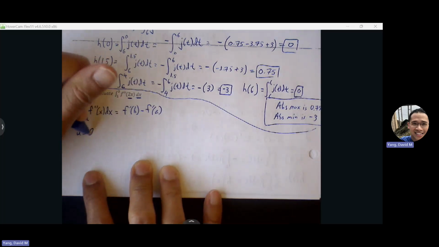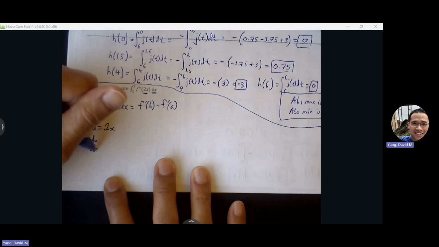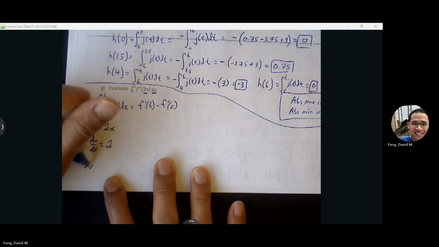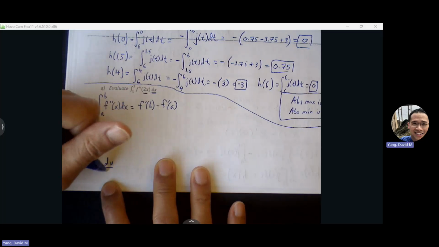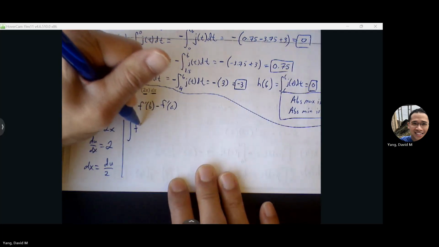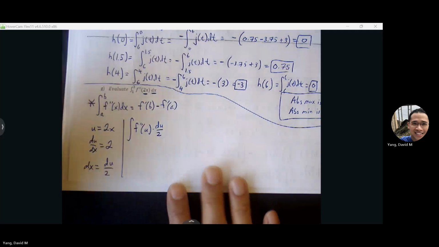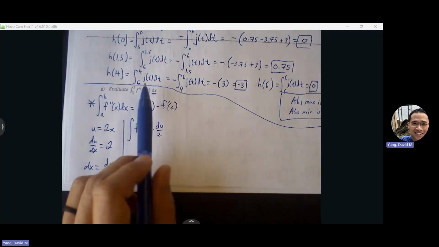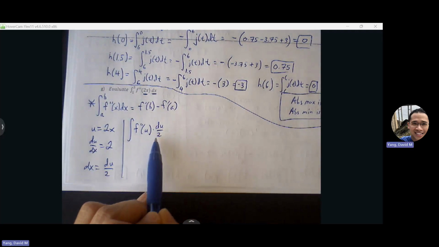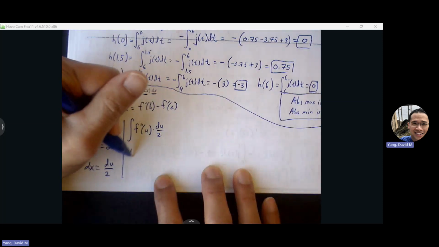So our u value is 2x. Our derivative is 2. Solve for dx, du over 2. I'm trying to get everything to be in terms of u. There is a leftover 1/2, so we need to pull that 1/2 out in front.